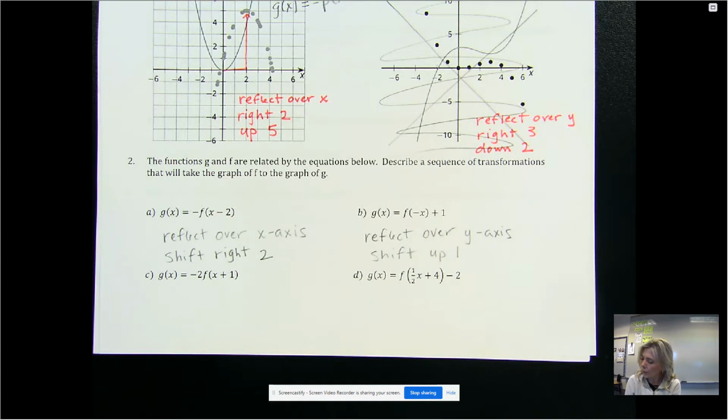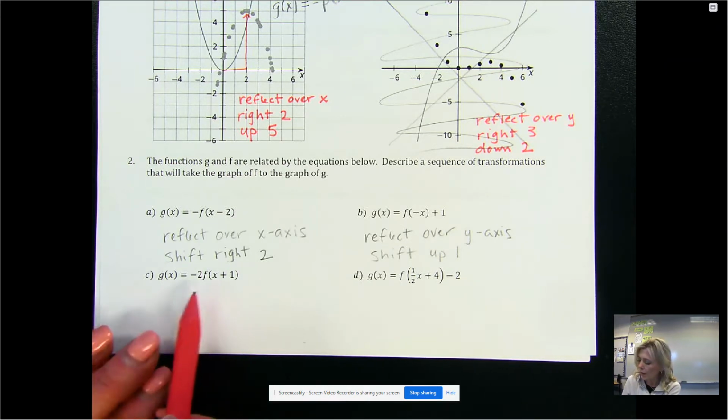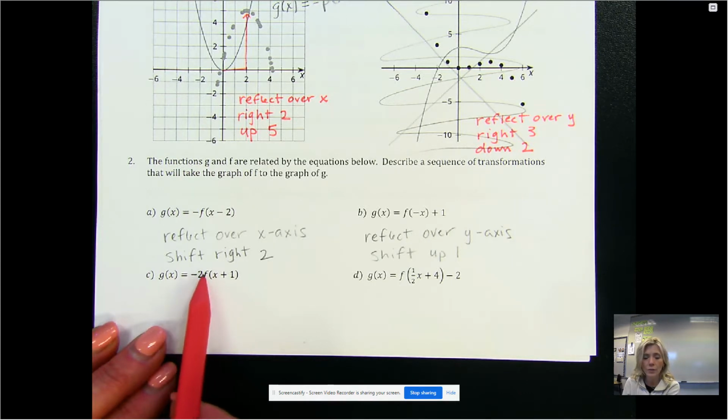Alrighty. Next, we've got a couple more things going on here because it's not just negative, it's negative 2. And so that's a vertical stretch since the 2 is greater than 1.